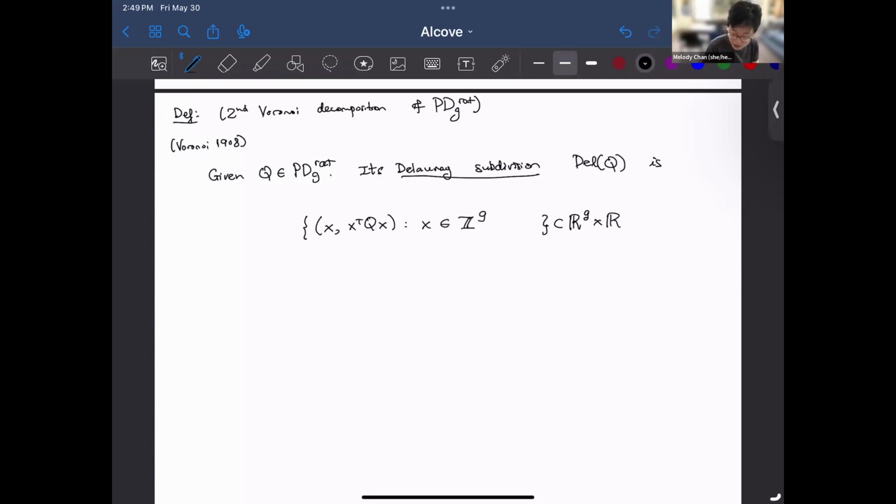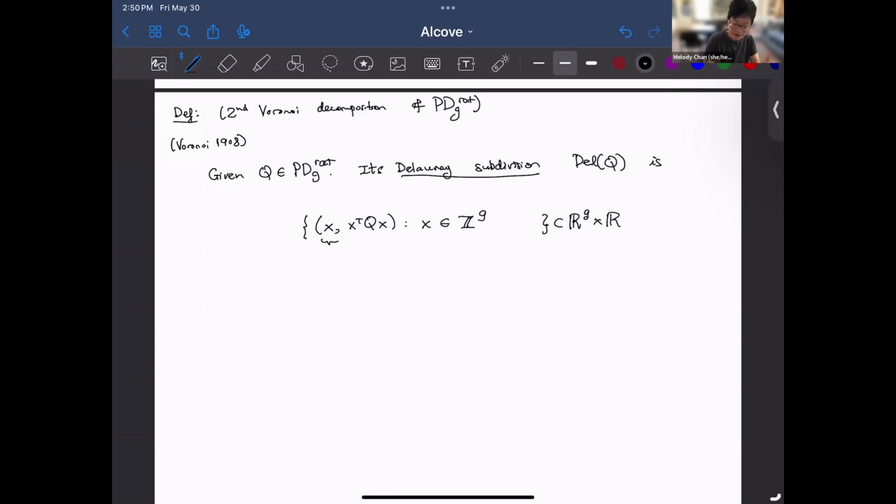My notation is not optimal; this x really means G coordinates. You take the G coordinates of your lattice point, then plug that lattice point into Q, viewed as a quadratic form. I'm writing x transpose Qx to communicate the output of Q as a quadratic form on x. So what we have here is a list of points in R to the G plus 1.